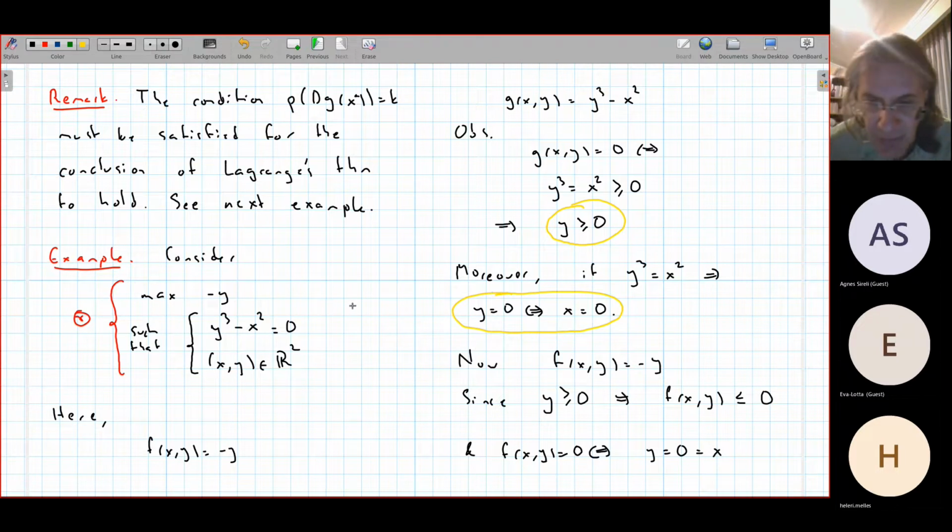So you see, the only solution for this problem will be actually the origin.